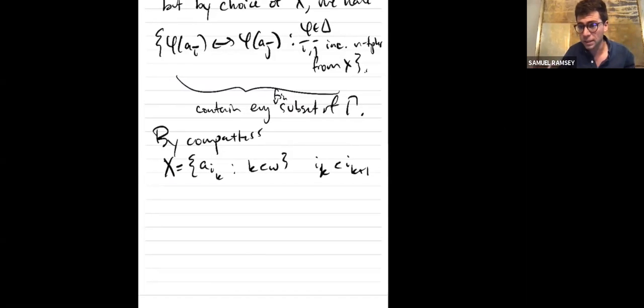So I've listed it in increasing order. And then I'm imagining assigning a_{i_k} to the variable x_k. The kth element in my sequence realizes the variable x_k. So I realize all of the variables, and there's no part of the biconditional that I'm missing. I've realized every part of the biconditional. Is that clear?